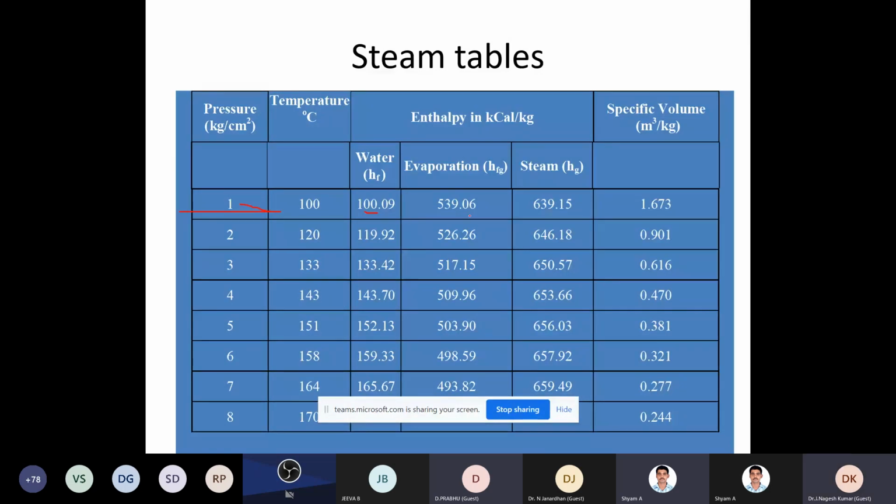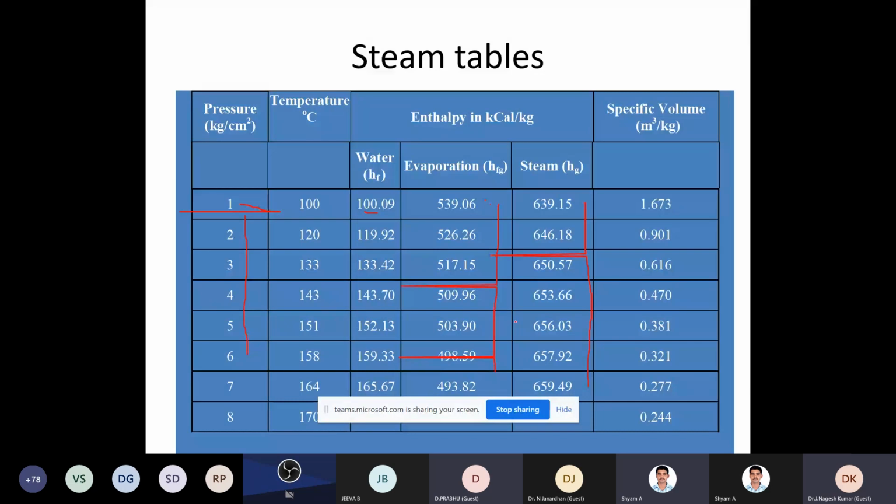Latent heat, if you see, as the pressure keeps increasing, the latent heat will keep on decreasing. So as you can see, 539, 526, it keeps on decreasing. The total enthalpy, however, will increase.